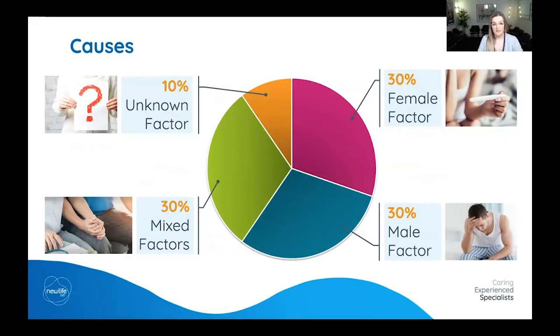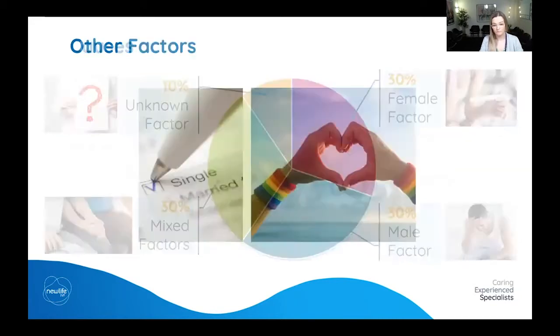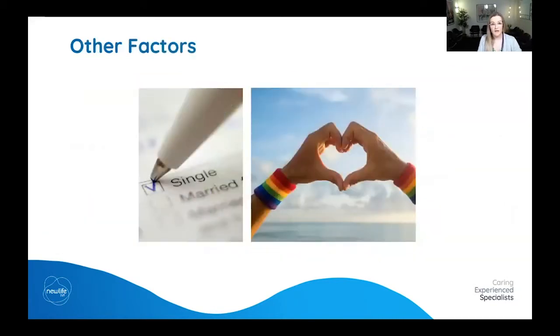And 10% of the time we don't in fact find an identifiable cause, and this is called unexplained subfertility. Now, of course, the desire to be a parent is not exclusive to heterosexual couples, and some other common causes of infertility are either being single or being part of our LGBTQI community.